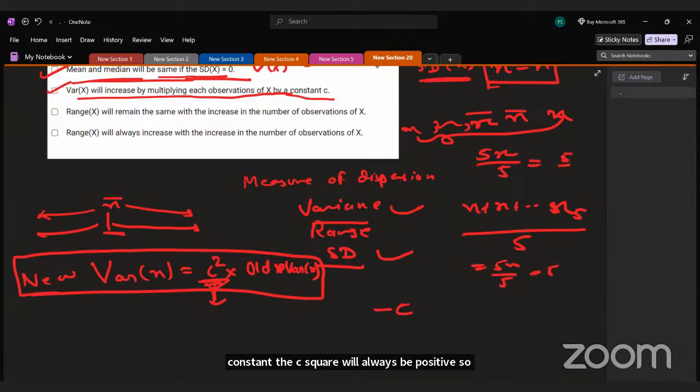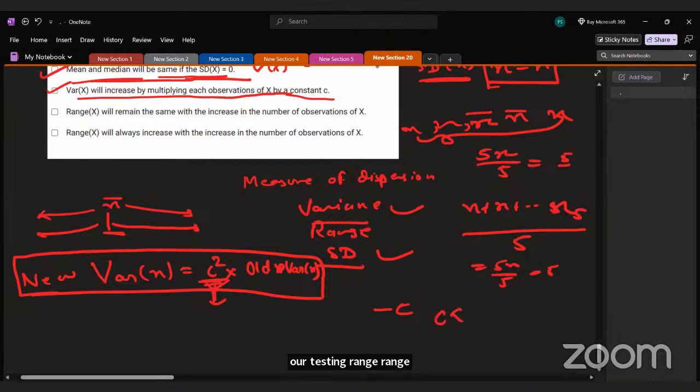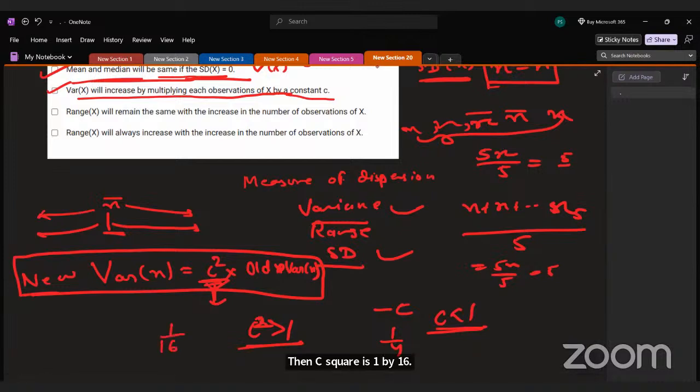Now what they're saying, range. Sir, if c is less than 1, will the c square still be greater than 1? No. For example, if c is 1 by 4, then c square is 1 by 16, so it doesn't increase in that case, it decreases.